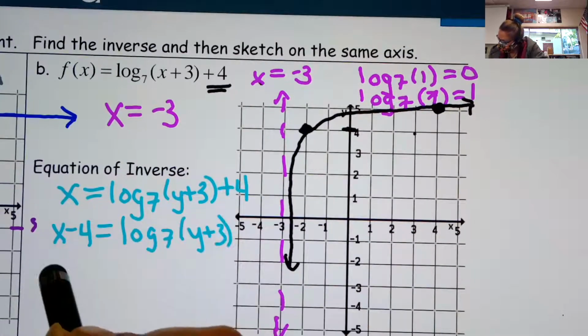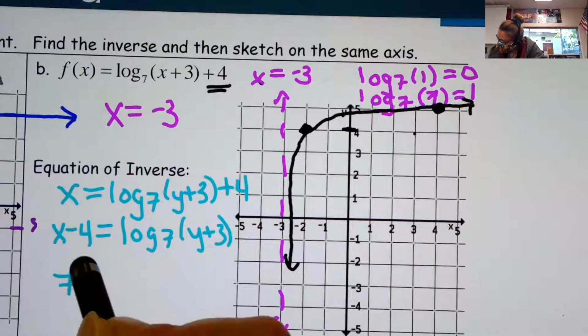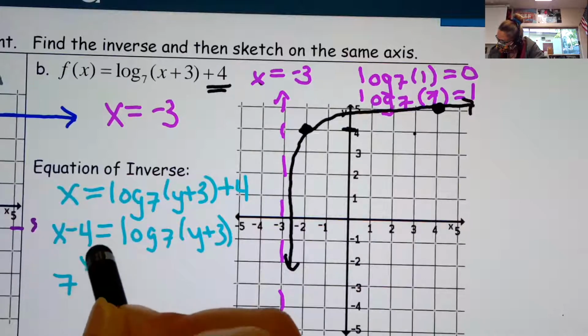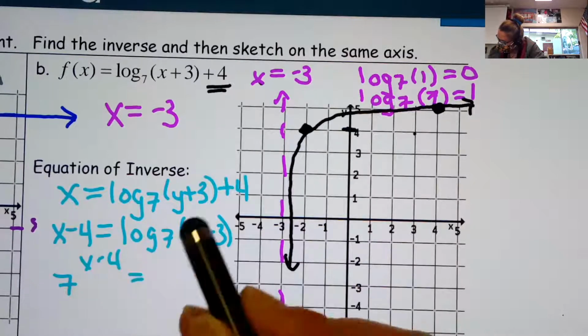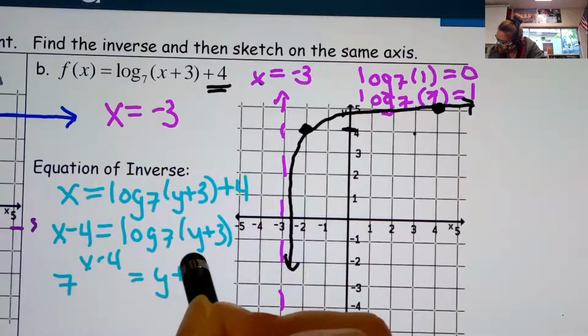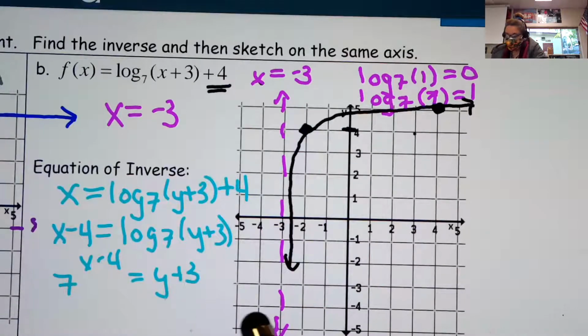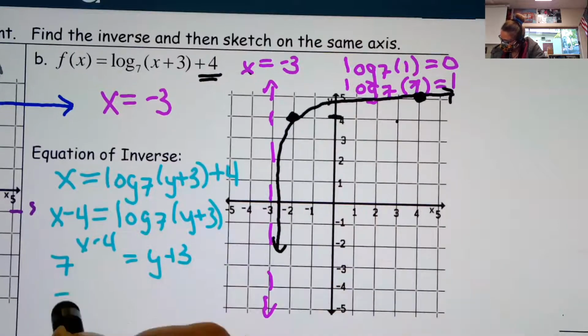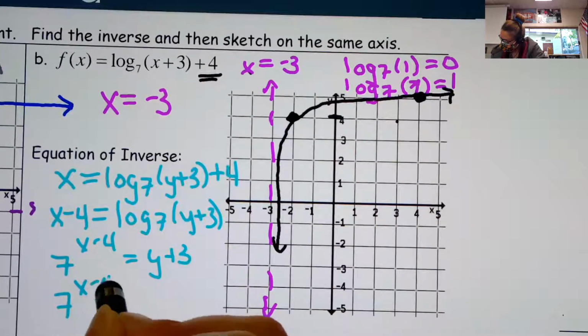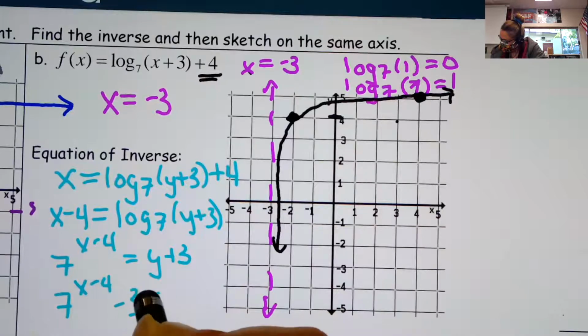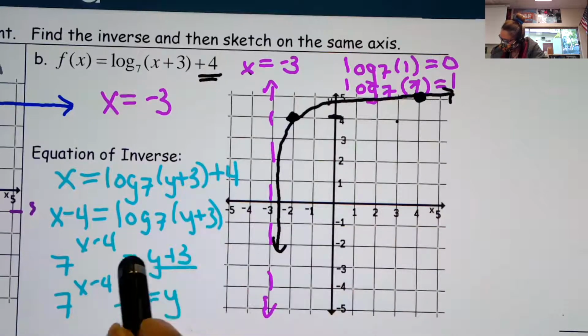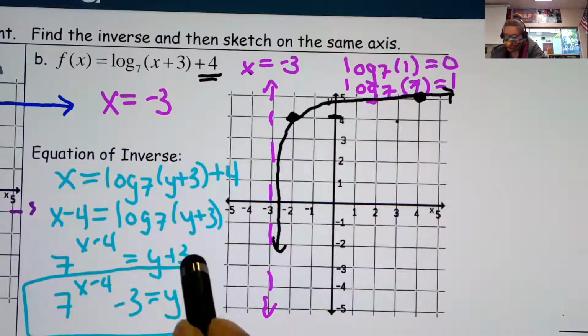So this is going to be 7 to the x minus 4 equals y plus 3. Last thing I'm going to do is minus the 3. So I'm going to get 7 to the x minus 4 minus 3 equals y.